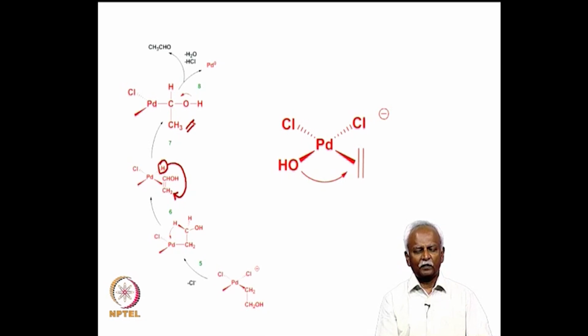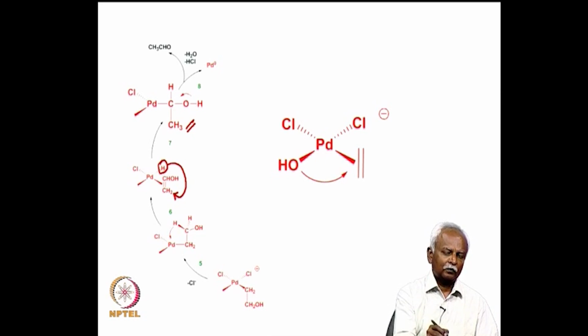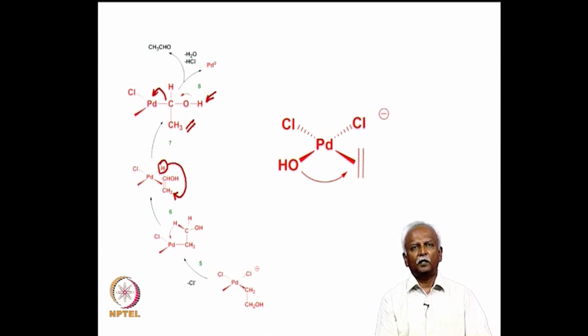The advantage of this particular mechanism is that it is easy to see how the reduction of the palladium could happen, because the loss of this hydrogen as an H plus and transfer of this pair of electrons into the palladium would completely reduce the palladium to palladium 0, instead of doing a reductive elimination of HCl. These two paths are difficult to distinguish, but nevertheless both mechanisms are common in the literature.